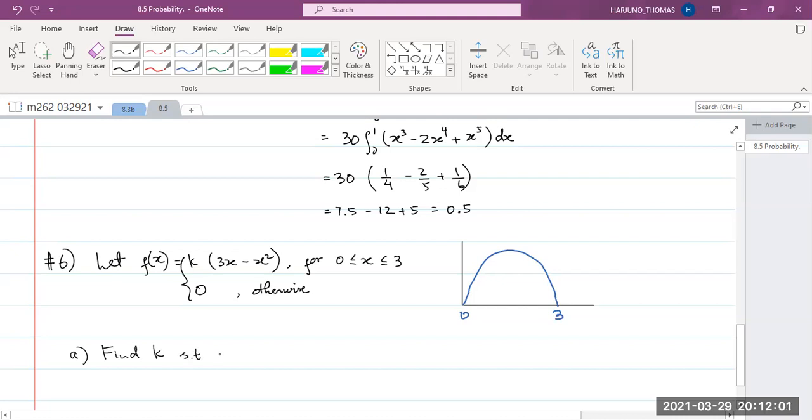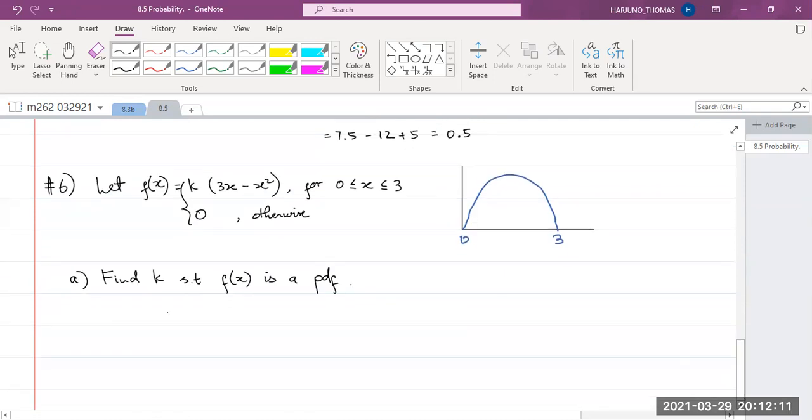such that f(x) is a probability density function. Basically the integral from 0 to 3 of k times (3x minus x squared) dx has to be 1, right?